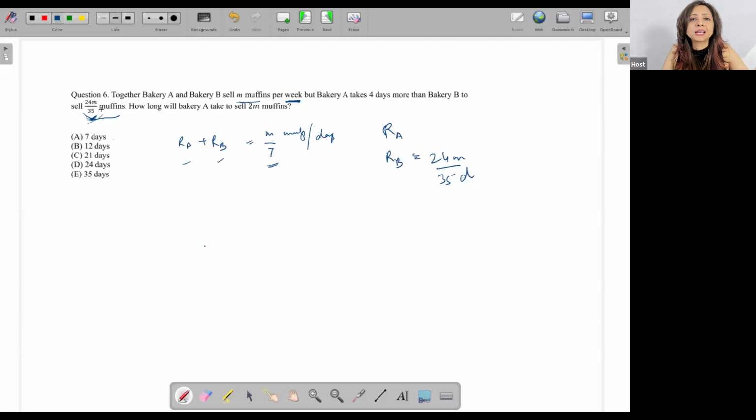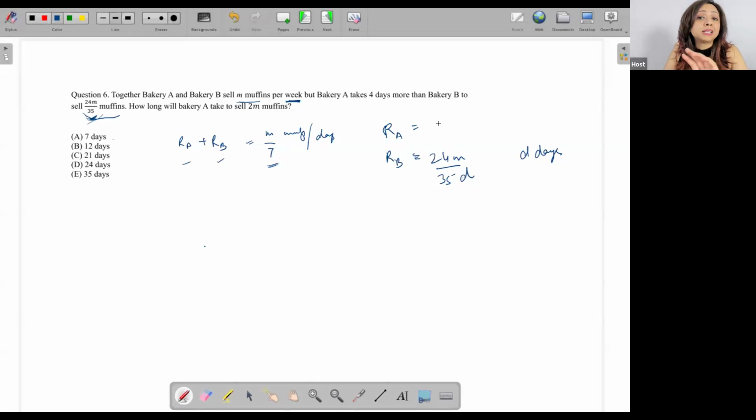If the work has reduced, then the time taken is also reduced. So the rate is constant. My rate of B is 24M upon 35 and the time taken, I'm assuming, is D days.